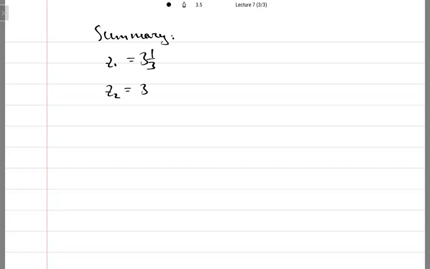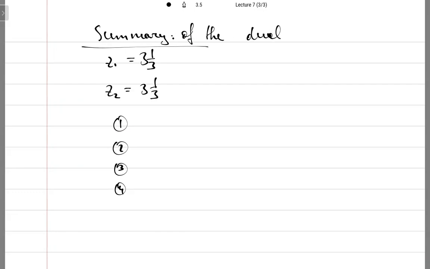That z2 is 3 and 1 over 3. These are optimal points. Which inequalities are active or non-active? The first inequality is active.